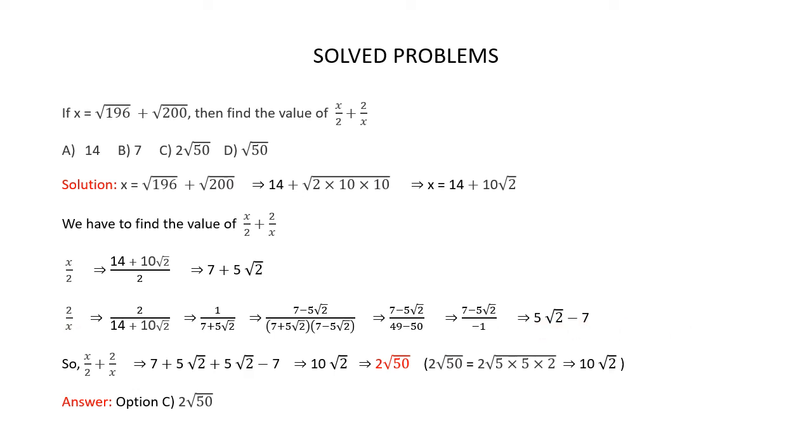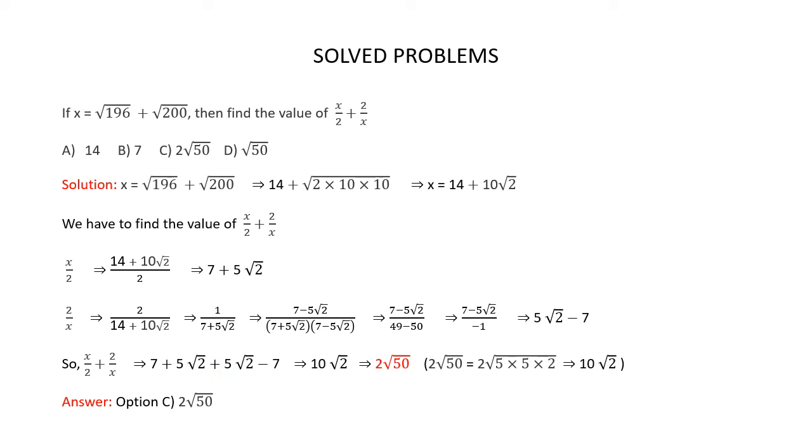So x by 2 plus 2 by x can be written as 7 plus 5 root 2 plus 5 root 2 minus 7. 7 and minus 7 will cancel out. When you add these two, you will get 10 root 2.